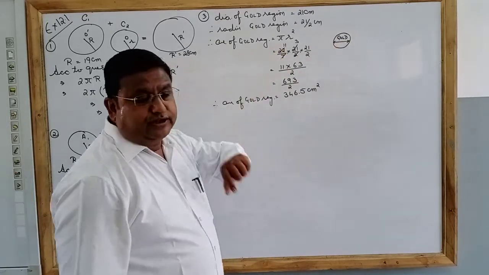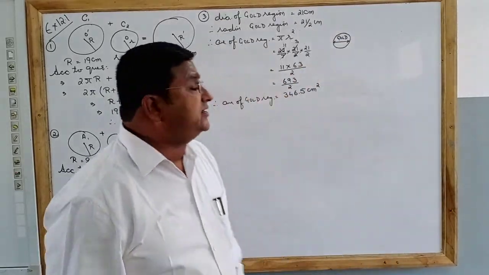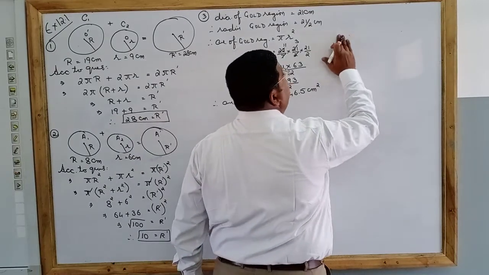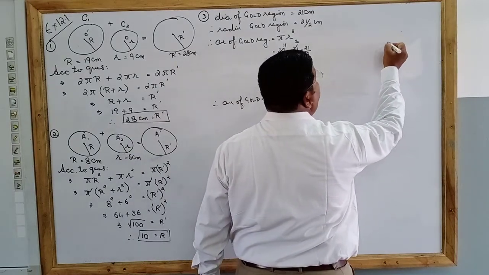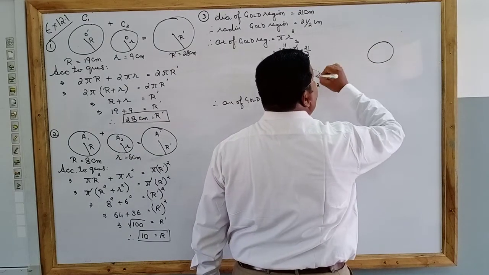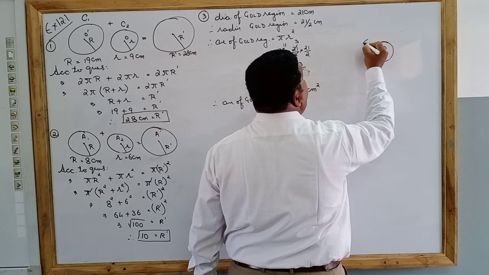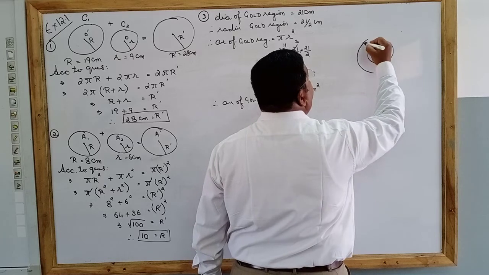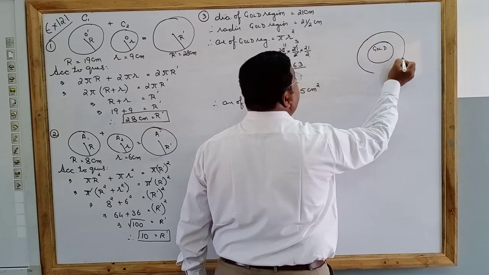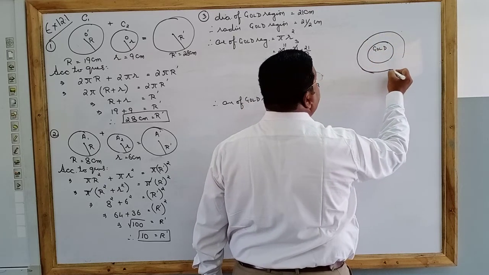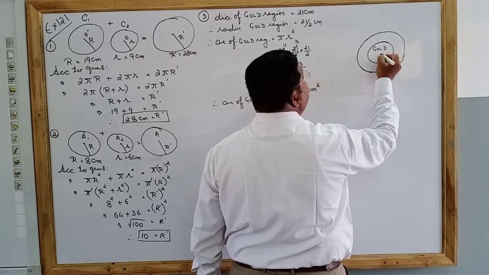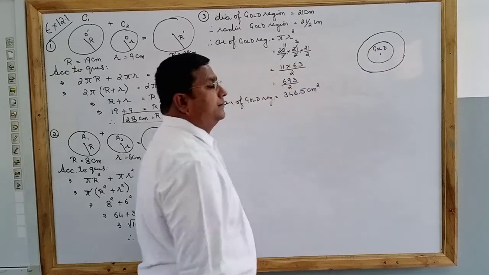Now, after this gold, you have a red region, but the red region is in the form of a ring. I am drawing it over here. This was gold. Now we have the ring. And if you observe it carefully, it is a concentric circle having the same center.